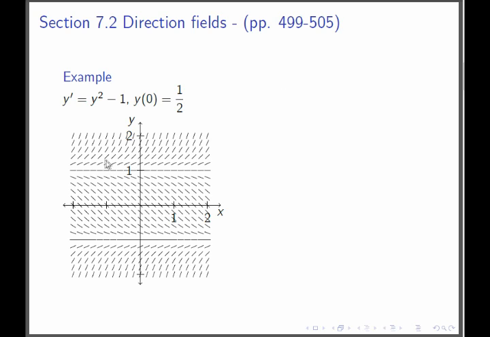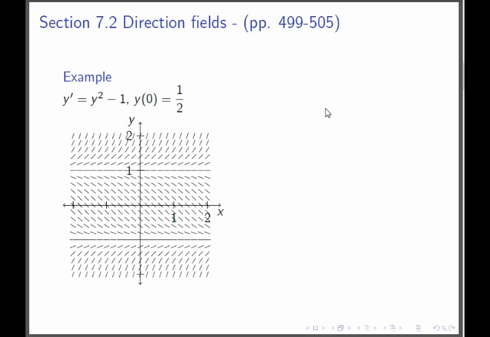And so at each of these points we just simply take the y coordinate and plug it into this expression here to get the slope at that point. So for example, if y equals -1 or 1, then the slope is equal to 0, which we can see here, this horizontal line at 1 and at -1.